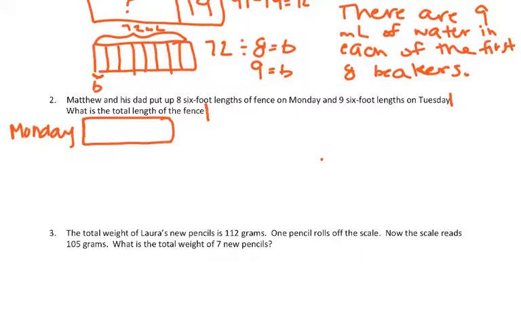And they put up 8 6-foot lengths. So we are going to separate this into 8 equal parts. And one of these parts is worth 6. It's 6 feet.